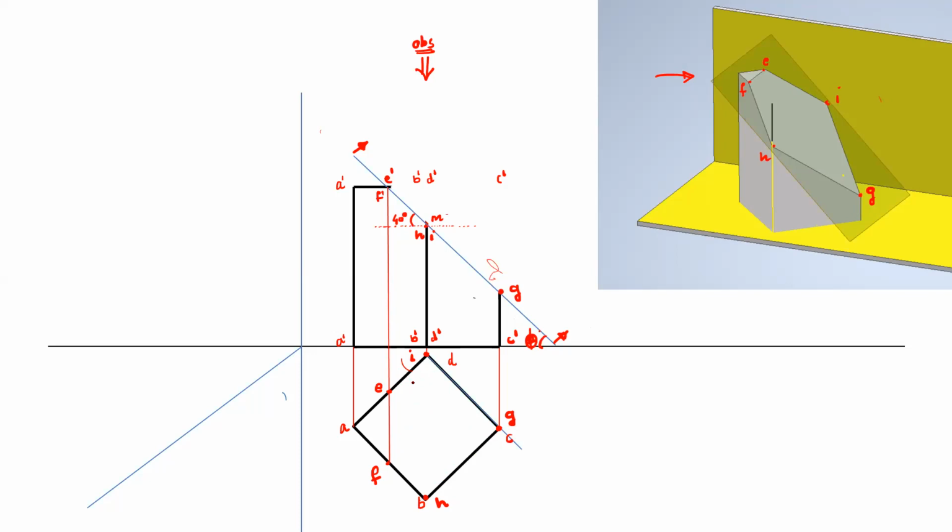We will highlight this portion by using hatching lines. Hatching lines are inclined lines. By using the roller scale or the drafter, you draw these parallel lines.